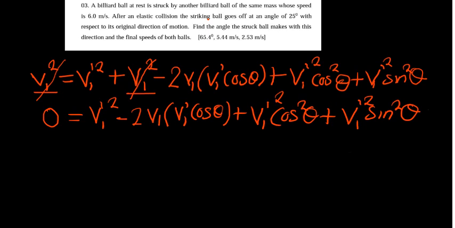So we're going to say 0 is equal to v1 final squared, minus 2 multiplied by, what was our initial velocity for ball 1? It was 6.